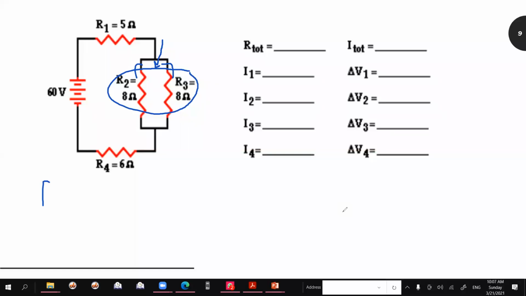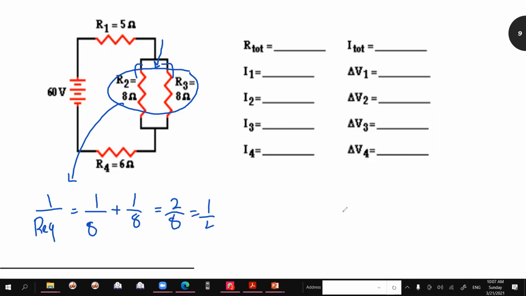So the R equivalent for this part is 4. Then let's redraw it. Here we have 5 ohm.